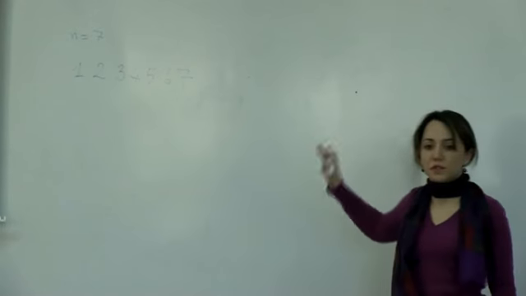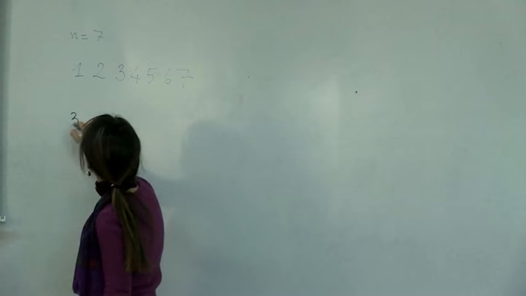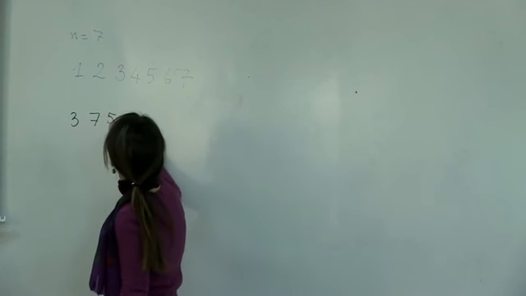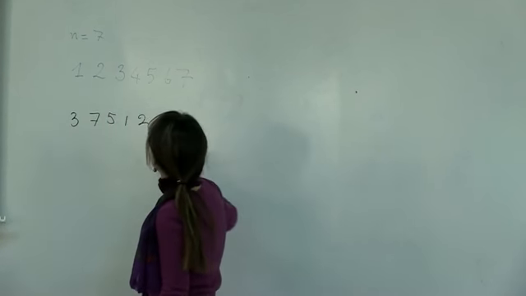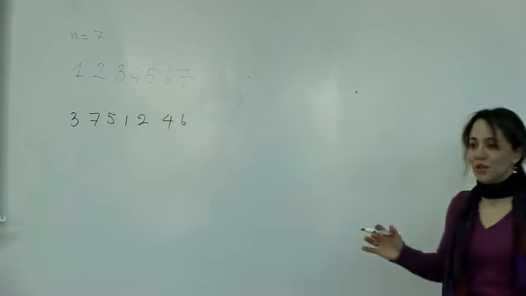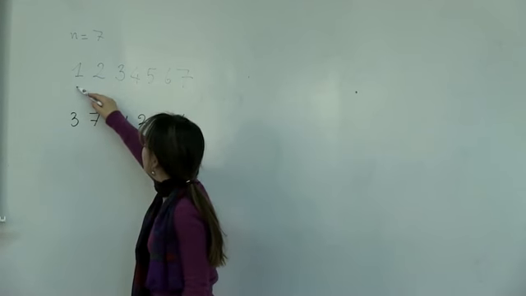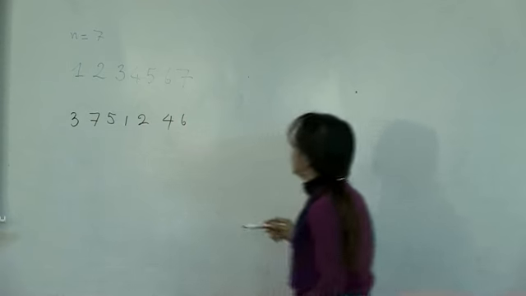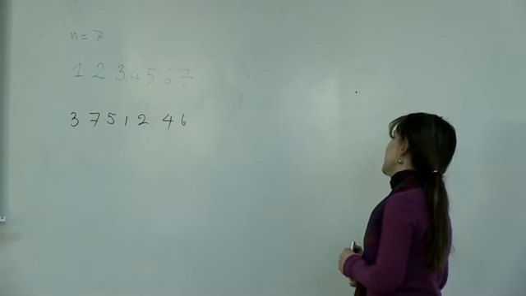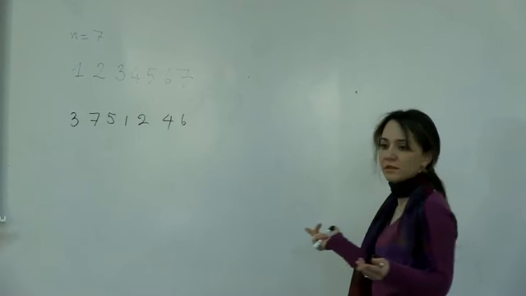So every ordering, every permutation of this string is equally likely. So I shuffled it, for example. What did I leave out? 6. Good. So I got this. Now let's see how many letters are in the same places as they originally were. In this case, none.